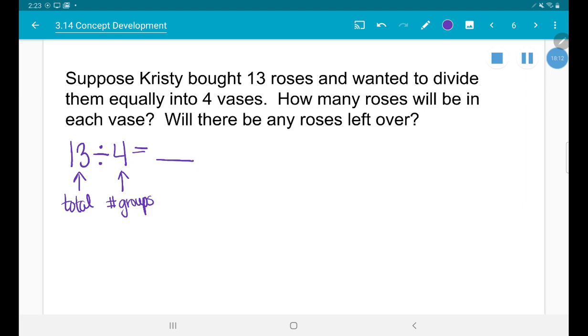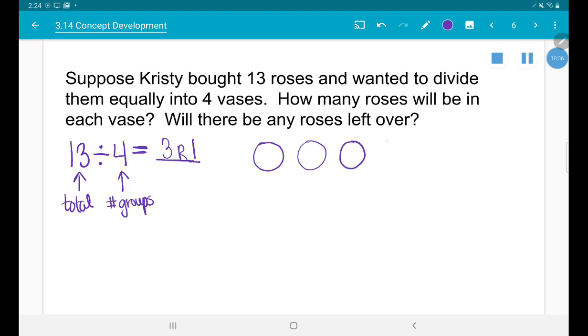Jaden, what did you come up with? I came up with 3 with a remainder of 1. How did you come up with 3 remainder 1? I just put 1 until it equaled 13. Okay, so how many groups did you make? 4 groups.